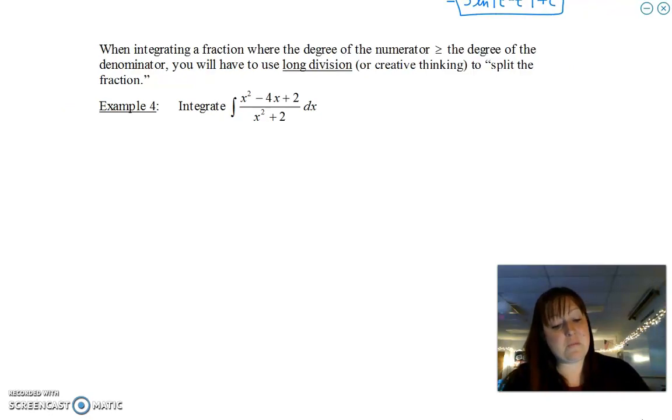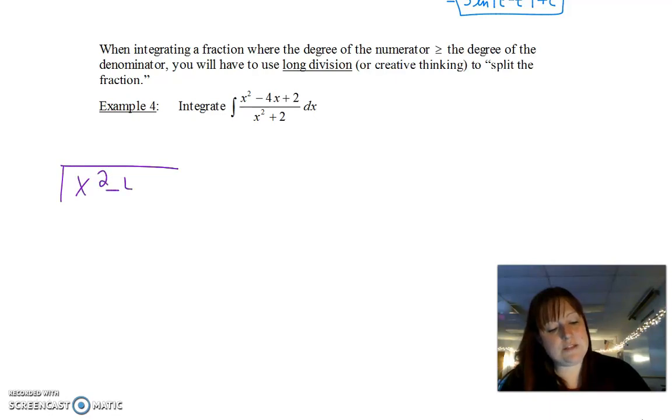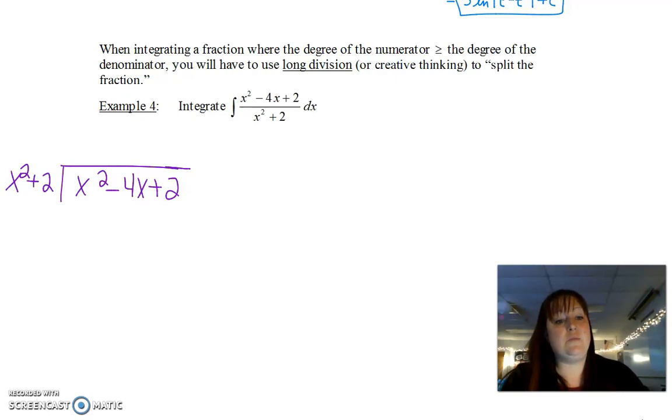So what you might remember from long division, and you might not, that's okay. I have other ways of setting up long division. If this really just is hard for you, there's other ways I could show you. But we set up long division like this, okay? And then we divide. X squared goes into x squared one time, and then we multiply 1 times x squared is x squared. 1 times 2 is 2.